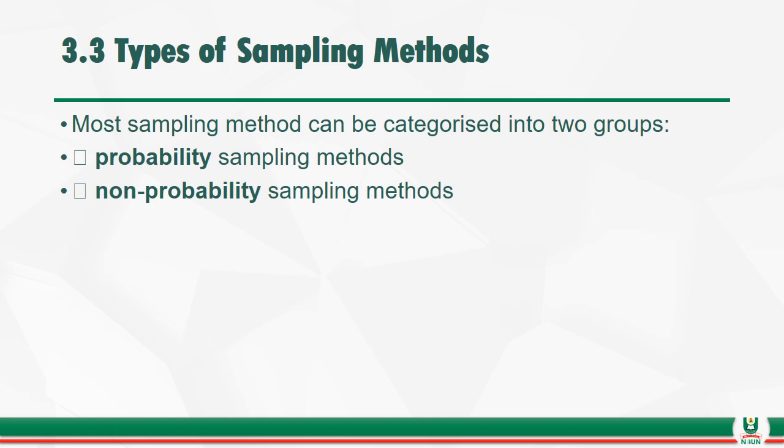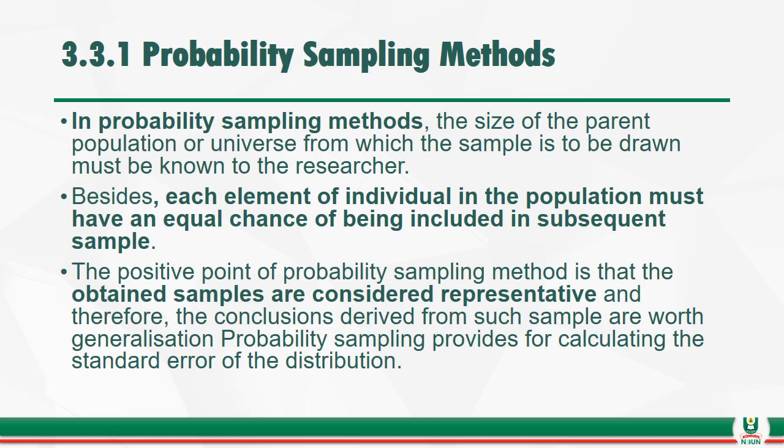Types of sampling methods. We have both probability sampling methods and non-probability sampling. In probability sampling, the size of the parent population or universe from which the sample is to be drawn must be known to the researcher. Besides, each element or individual in the population must have an equal chance of being included in subsequent sampling.